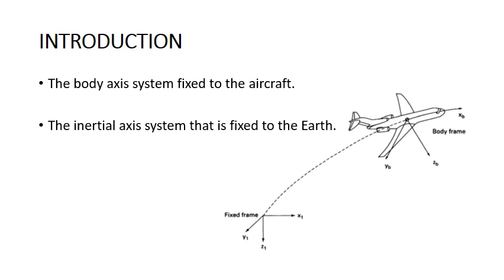The word inertial in this context means fixed. This is important because Newton's second law is valid only in an inertial system, in a fixed system. While this assumption is not totally accurate, it works well for aircraft problems where the aircraft rotation rates are large compared to the rotation rate of the Earth.